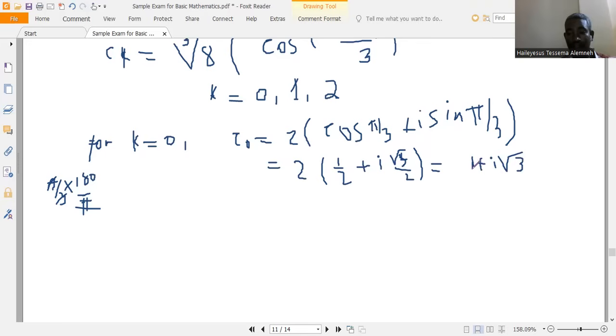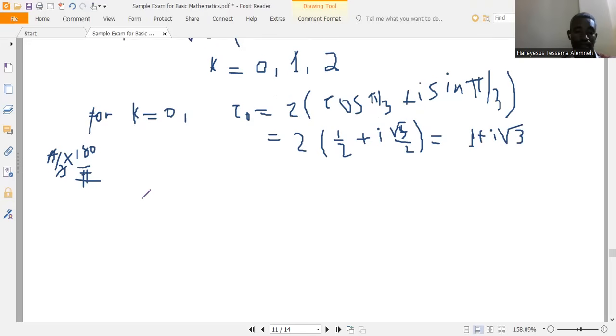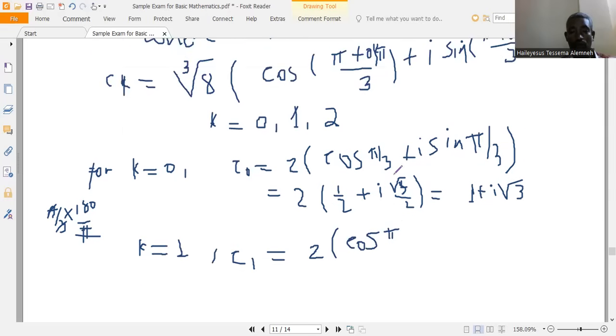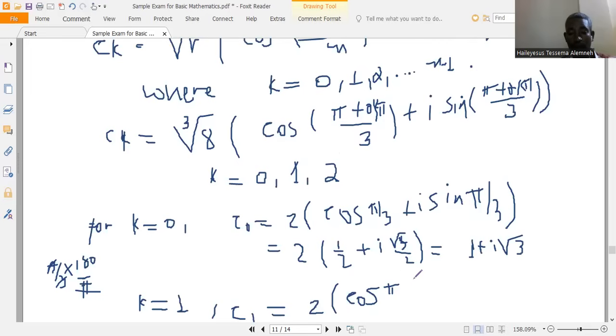When k is equal to 1, we have c_1 equal to 2 times cos of (pi plus 2 pi) over 3.